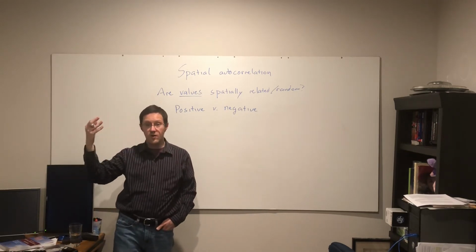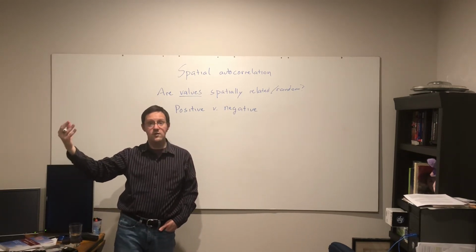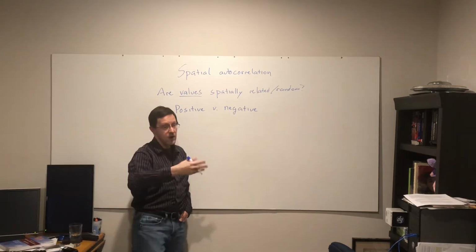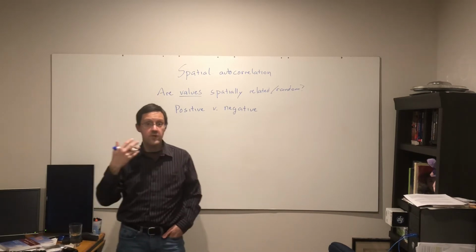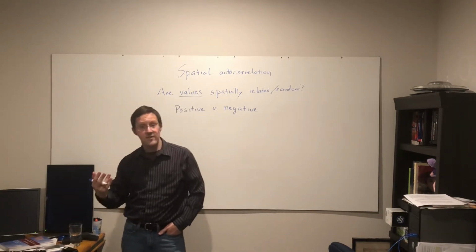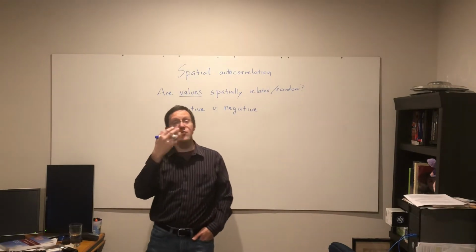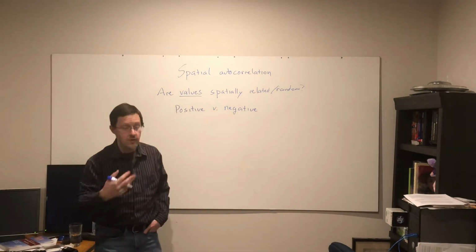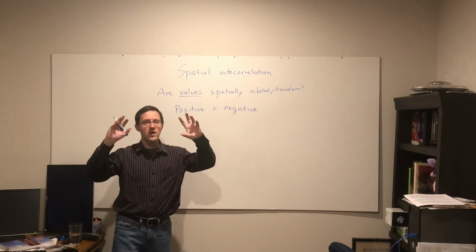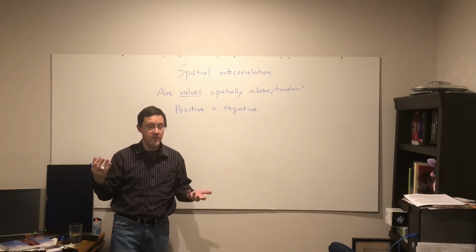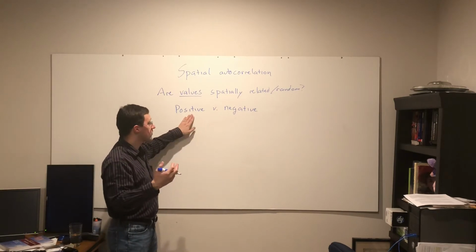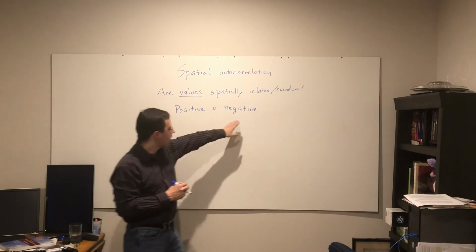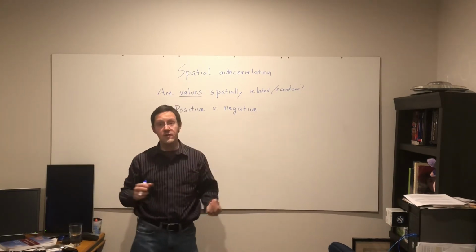Of like values are similar to each other and close to each other, where Mon County and Preston County, they're close to each other, they share a border, or they are within a distance threshold, or they are within X nearest neighbors of each other. No matter how we are defining the neighborhood of a county or an observation, are they similar to each other? That would be positive spatial autocorrelation. Or are they notably dissimilar from each other? That would be negative.